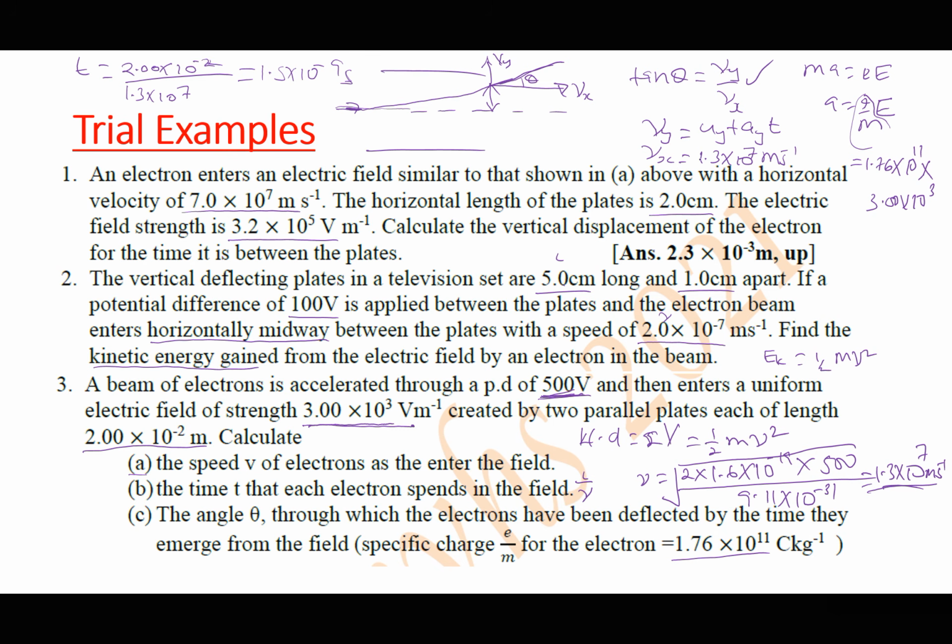So all you do is substitute now to find Vy. V in the y is going to be acceleration, which is this, times the time. And now we just substitute in the calculator. This is 0. Acceleration in the y is this. Then the time is 1.5 times 10 power negative 19.